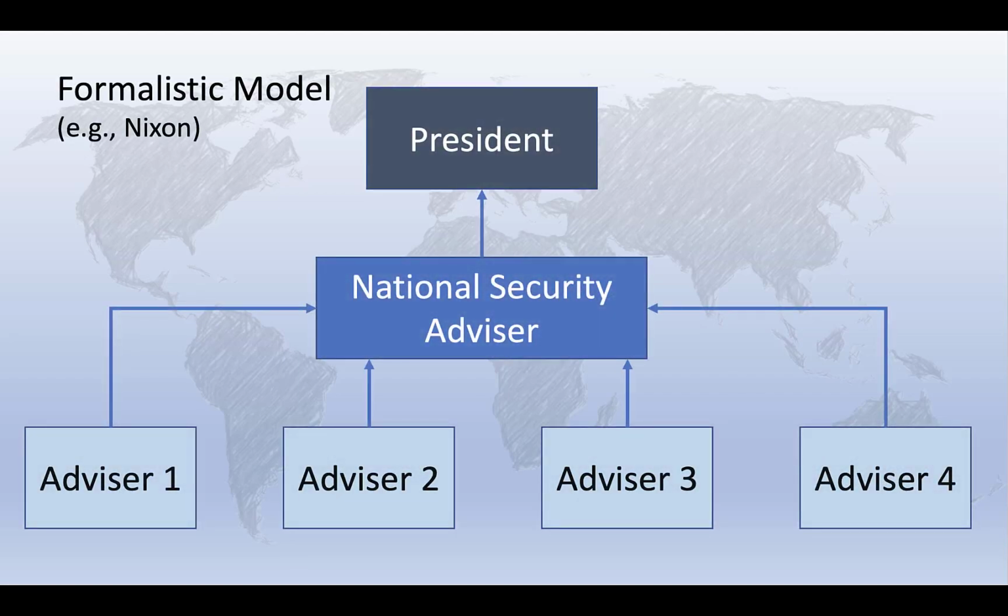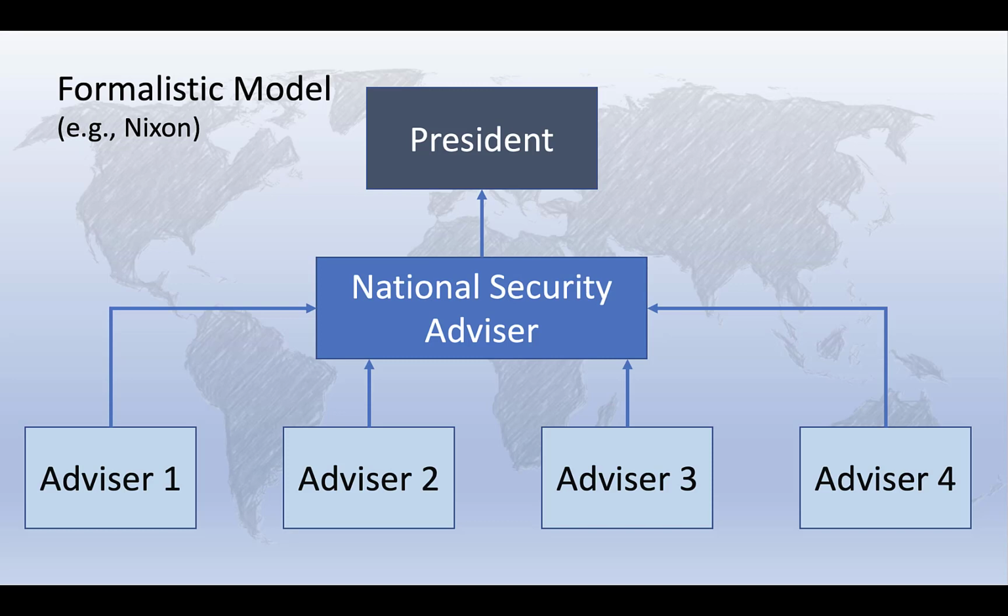In the formalistic model, the president sits at the top of a strict chain of command. Advisors are expected to adhere to narrowly defined roles and channel their input through the chain of command, with key top-level advisors like the Chief of Staff or the Secretary of State or the National Security Advisor playing a gatekeeping role, filtering what information reaches the president.